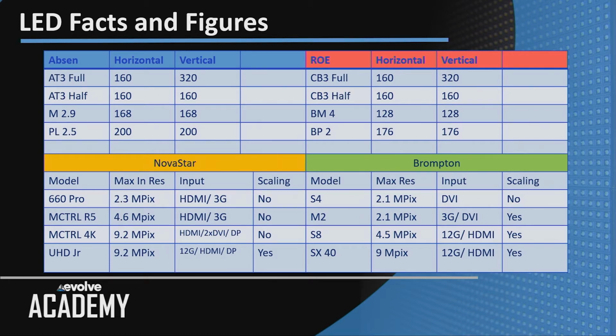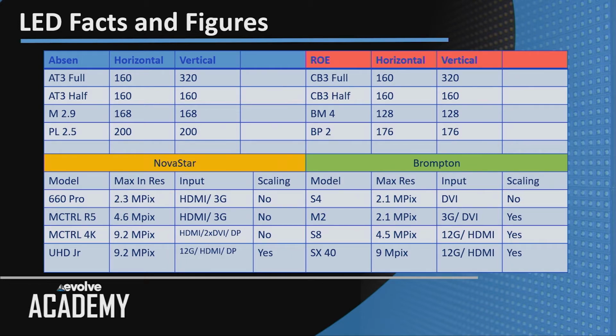And you notice the Bromptons, their real tour de force is the power of their scalers. The MCTRL 4K, 9.2 million pixels. We've doubled from the R5, from 4.6 to the 4K at 9.2. It's got an HDMI, DVI, and DisplayPort in. No scaler.